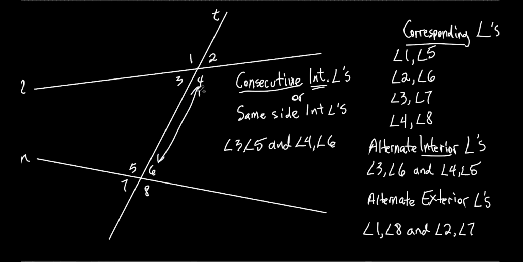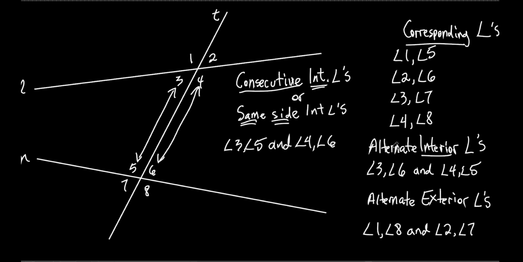They're consecutive, one after another, and then 3 and 5 are consecutive, one after another. I really like the name same side better, but this book is going to call it consecutive interior. On the quiz, I might ask you, what is the relationship? You hear the word I'm using? What is the relationship between angles 4 and 6? So you give me one of these.